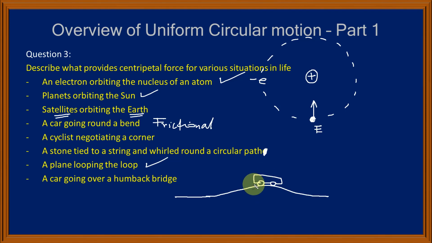Again, we'll be studying these special situations, and we'll again see it is the resultant force between the normal component of the contact force and the weight of the car. There are so many situations where you have objects moving in a circular path, and we need to know what provides the centripetal force in those situations. Now let's look at question 4.